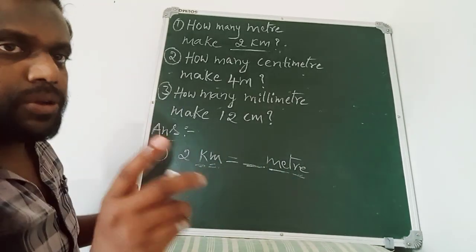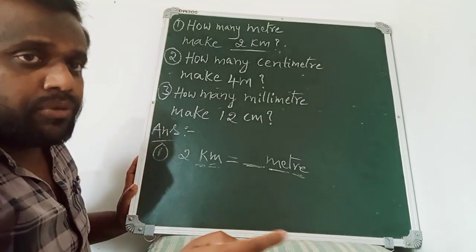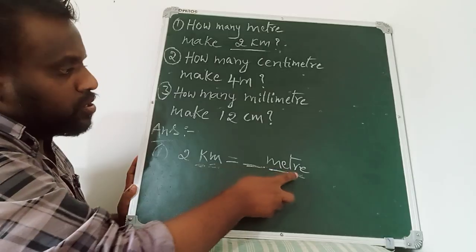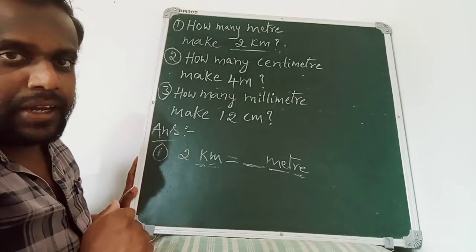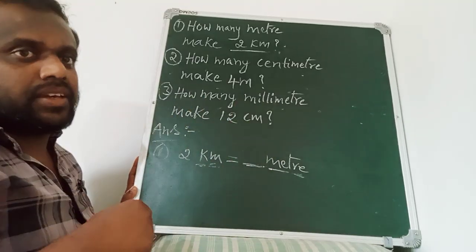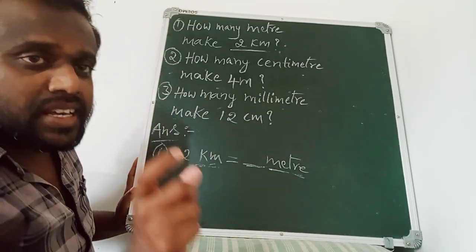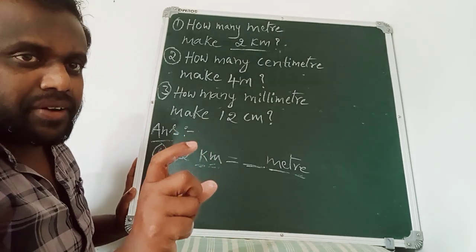Now you remember, when you want to convert greater unit to smaller unit, we need to multiply. We should multiply by something. When I say something, that means a number.